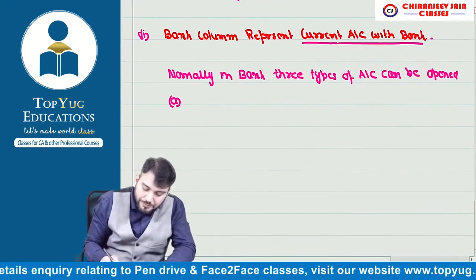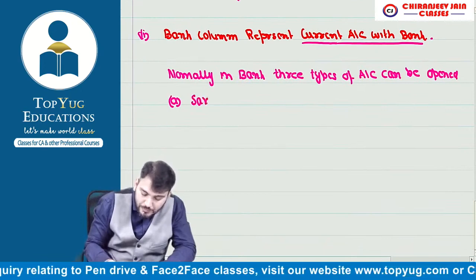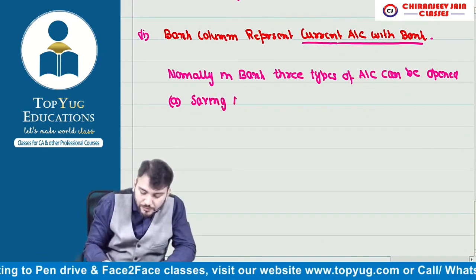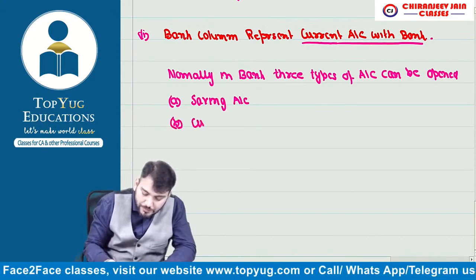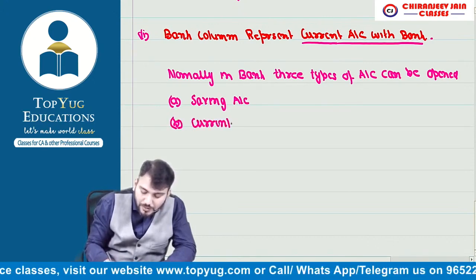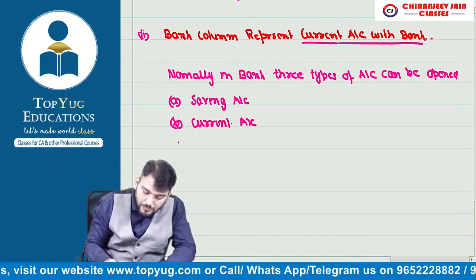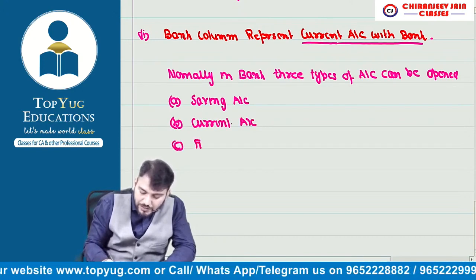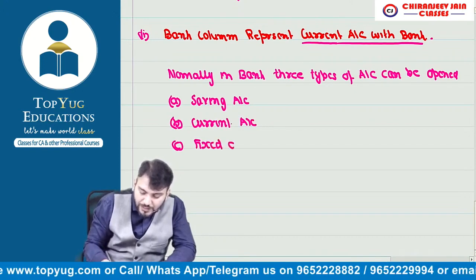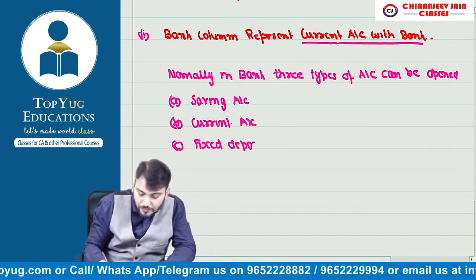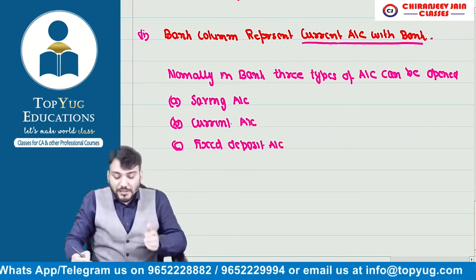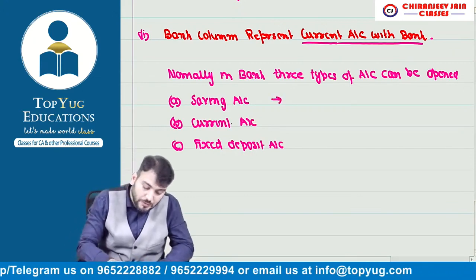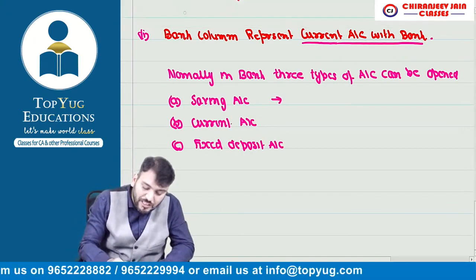Point A, saving account. Point B, current account. And point C, fixed deposit account. Are you getting? Now, saving account is for personal transactions.